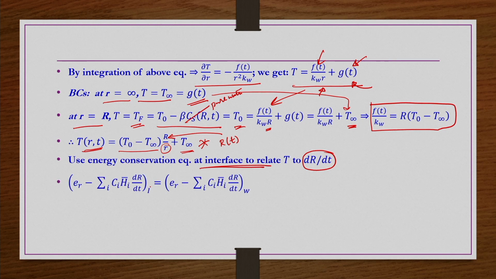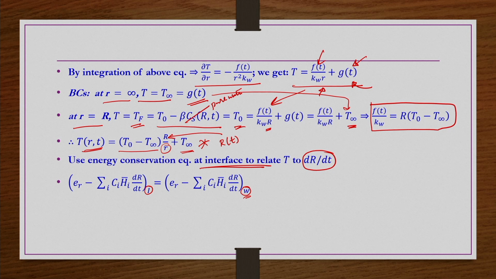So, now on the crystal side, ice, we are writing I, and on the water side, the liquid side, it is now pure water, so we are writing W. So, E_R minus sigma C_i H_i bar dR by dt towards the ice side should be balanced by E_R minus sigma C_i H_i bar dR by dt towards the water side at the interface, right.